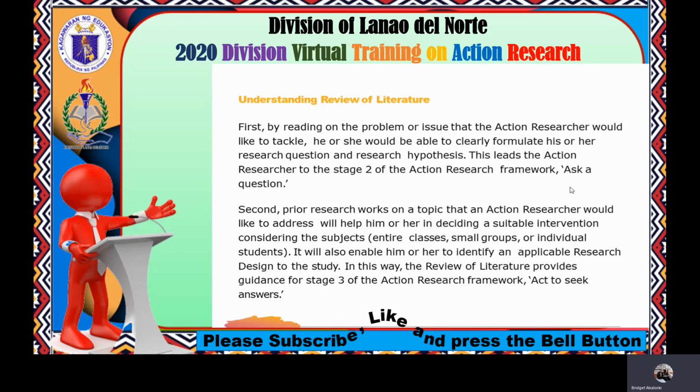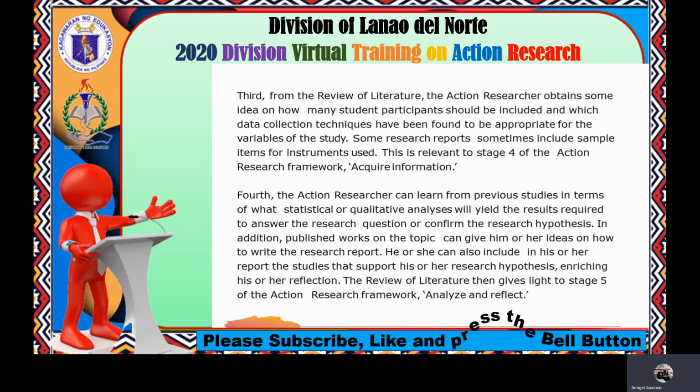Third, from the review of literature, the action researcher obtains some idea on how many student participants should be included and which data collection techniques have been found to be appropriate for the variables of the study. Some research reports sometimes include sample items for instruments used.